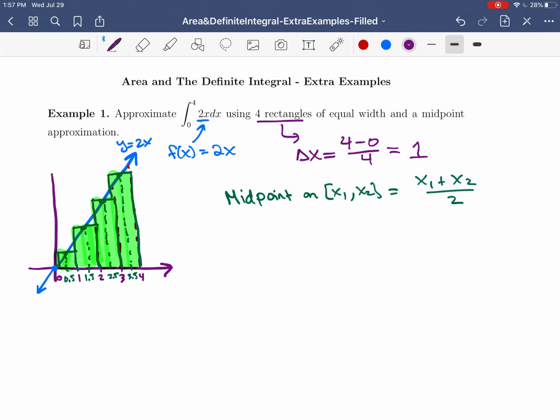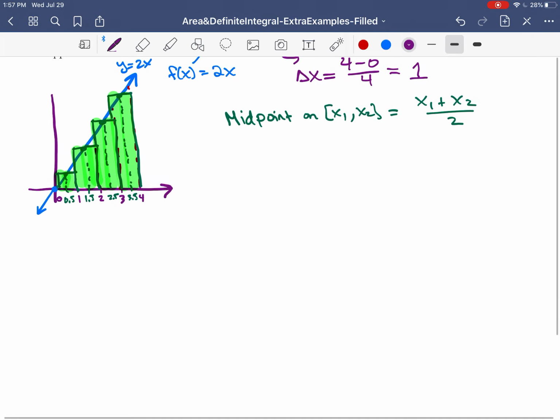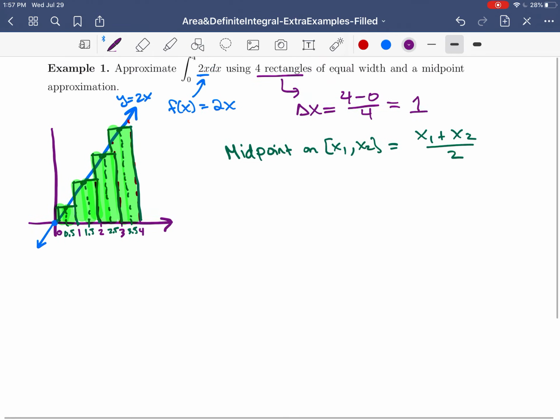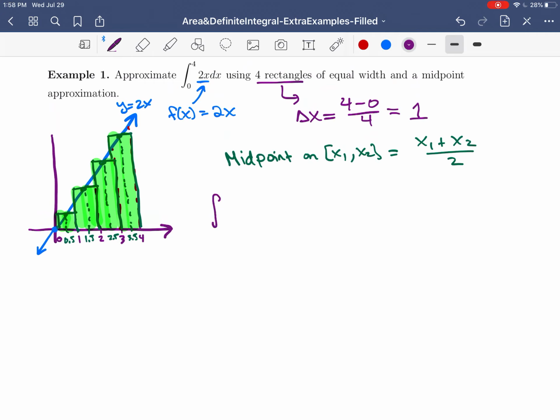So when we're approximating, maybe I'll go up here. The integral from 0 to 4 of 2x dx is going to be, with our 4 rectangles, we have to add up 4 things.